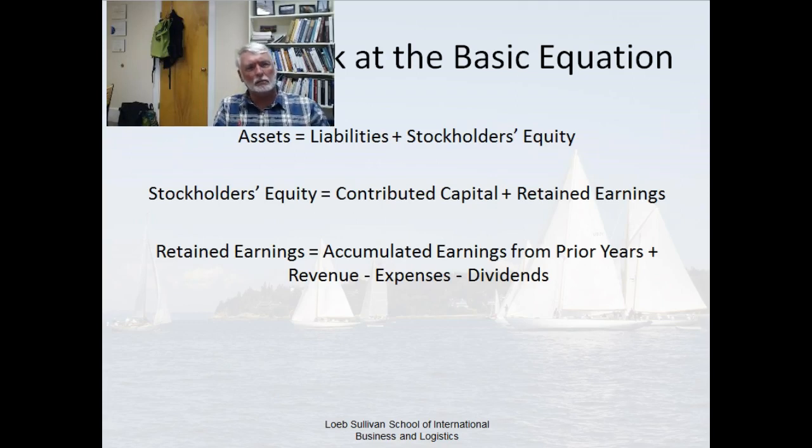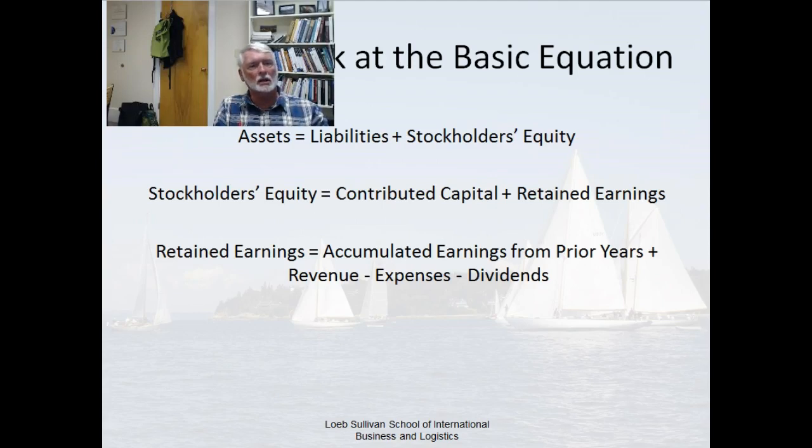Stockholders' equity, on the right-hand side of the equation, is actually composed of a bunch of different stuff. It includes contributed capital, so money that people have invested in the company, plus retained earnings, which is the money that the company has earned and kept in the company. So money they've earned that they haven't returned to their stockholders in the form of dividends.